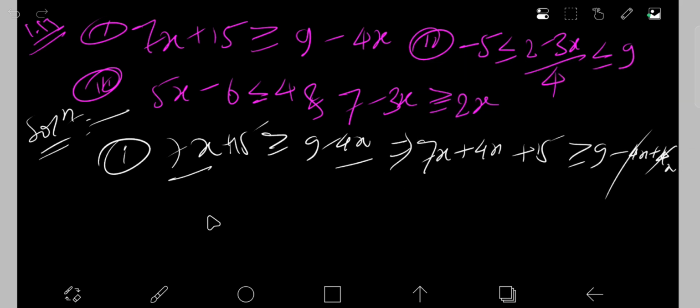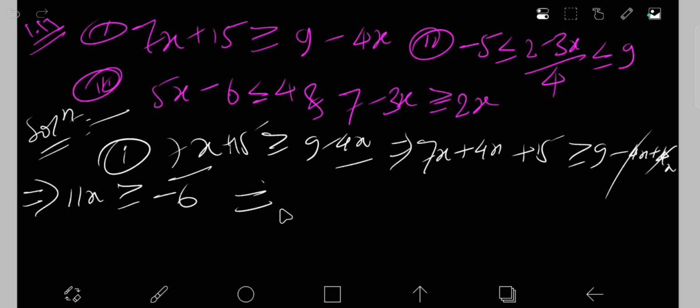So here we get 11x greater than or equal to, and when we subtract 15 from both sides, the minus 15 and 15 cancel out, and on the right side we get minus 6, because 9 minus 15 gives minus 6.